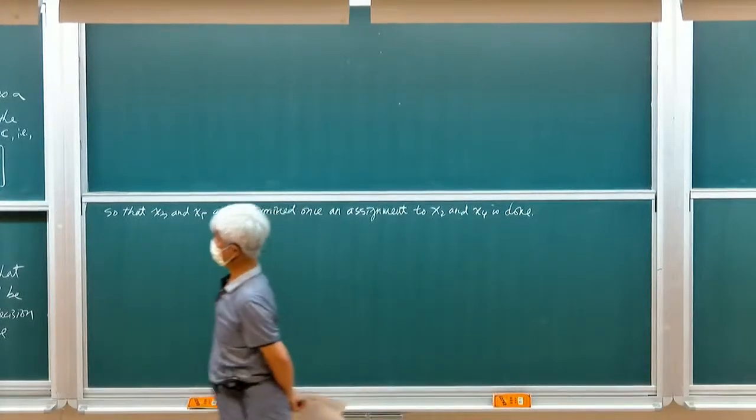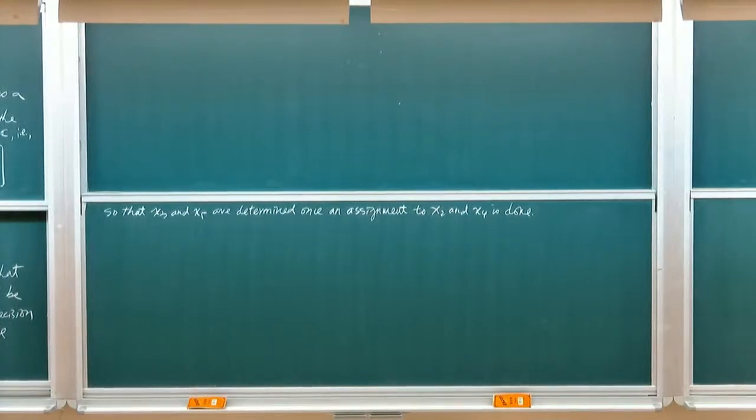Okay, so the first choice is we set x3 and x5 free, and then x2 and x4 will be dependent on x3 and x5. Or we may set x2 and x4 free, and in this case x3 and x5 will become dependent on x2 and x4. Okay.